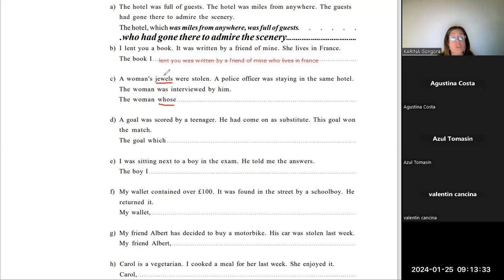Yes, the woman whose da da da da da da. This is the link. So first you put this one, the sentence number 3, and then look at this. By him, you put this. All right. Valen, do you get it? First, you link it with the third sentence, and then with the third. Okay.